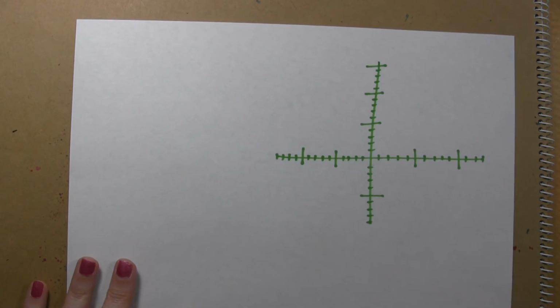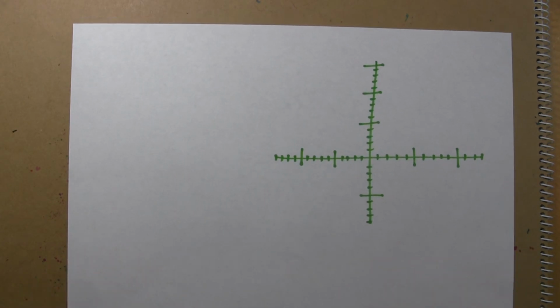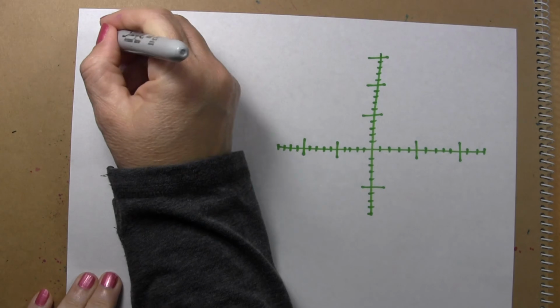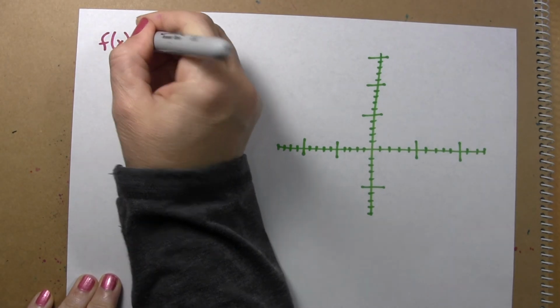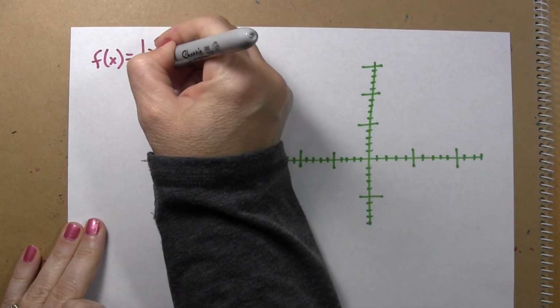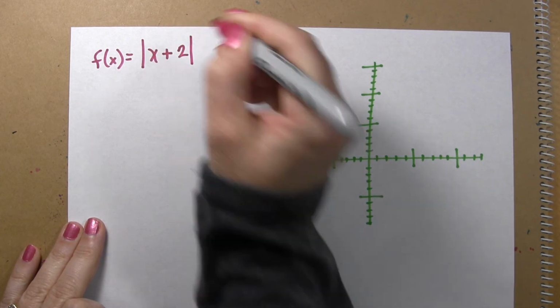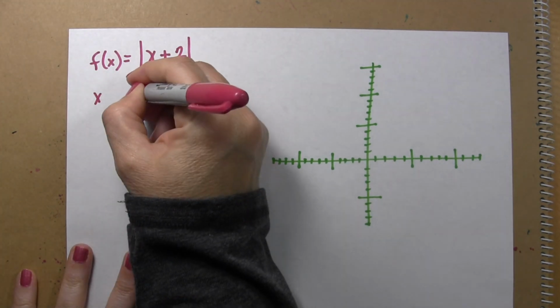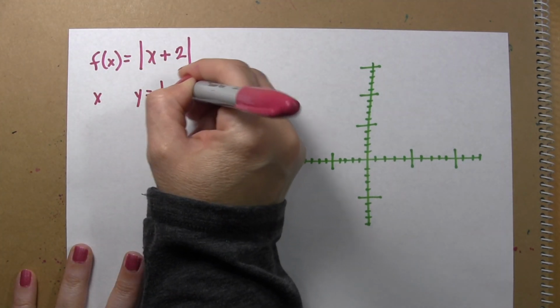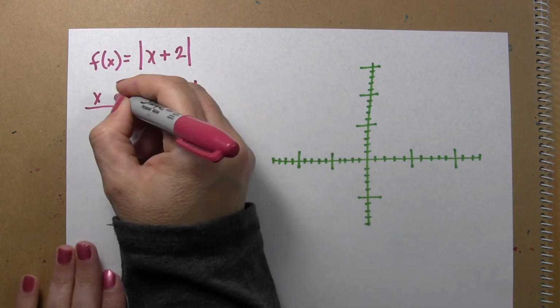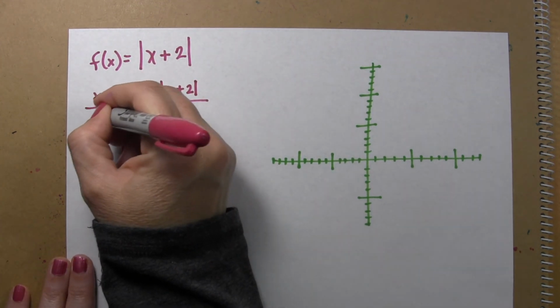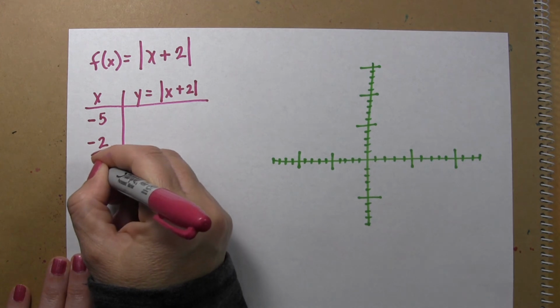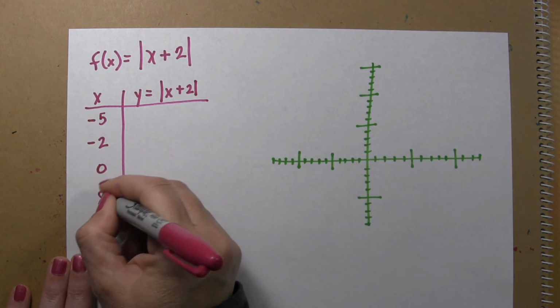Let's do one more. Let's do this one, and for this one I'm going to give us a similar but not identical problem. Here I'm going to give us x plus 2, the absolute value of the whole thing. And again, when we do our chart here, I'm going to pick those same numbers. So -5, -2, 0, and 8.